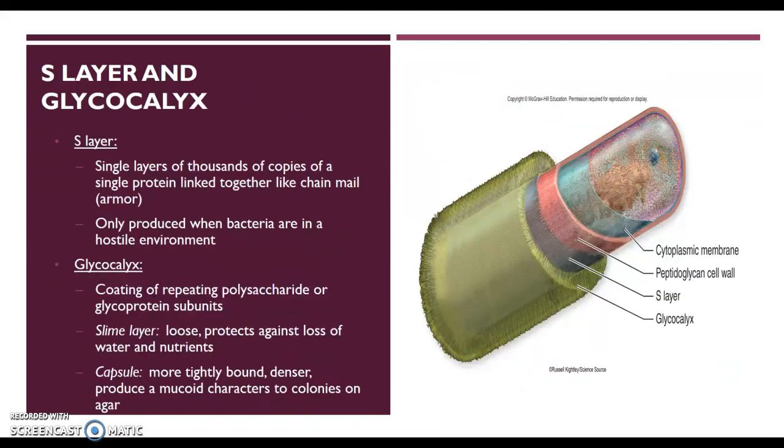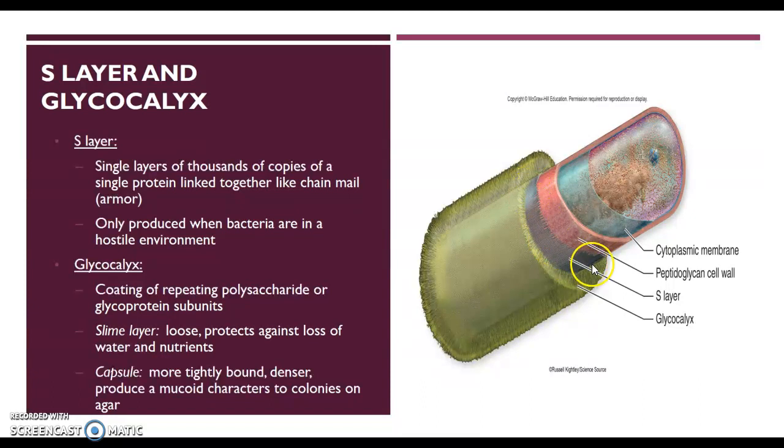All right, so let's talk about the external layers of bacterium. So first we are going to talk about the S layer. You can see right here, and the S layer is just outside the cell wall. It is single layers of proteins, and these are thousands of copies of a single protein that are linked together and form this very protective layer, kind of like chainmail.